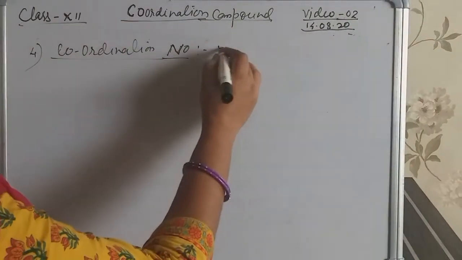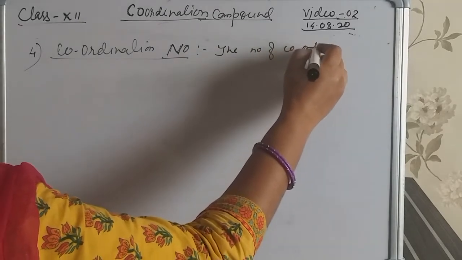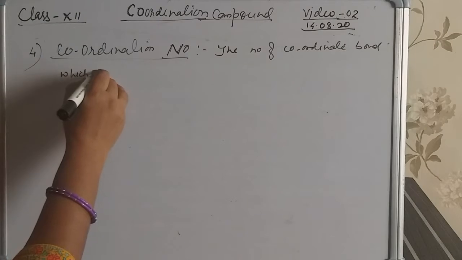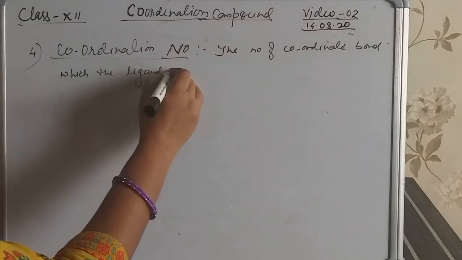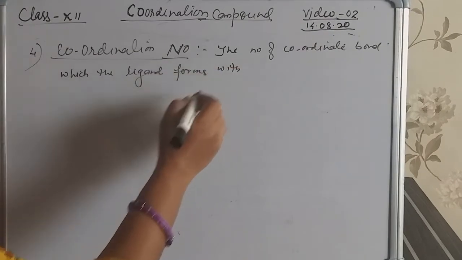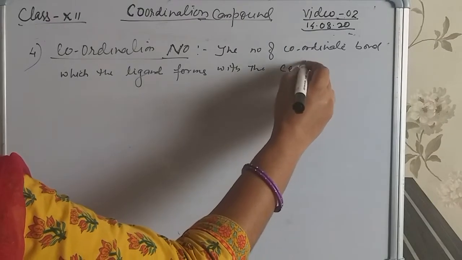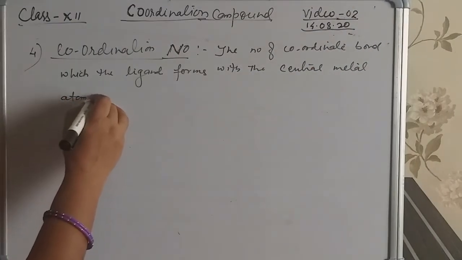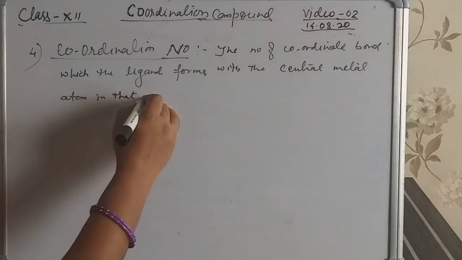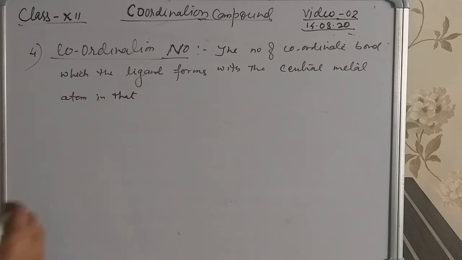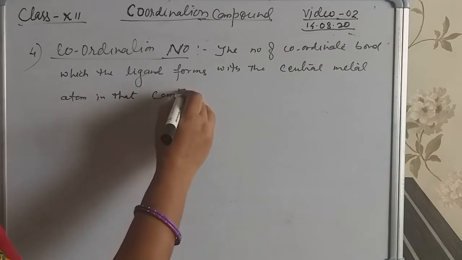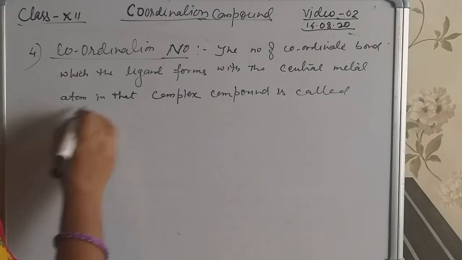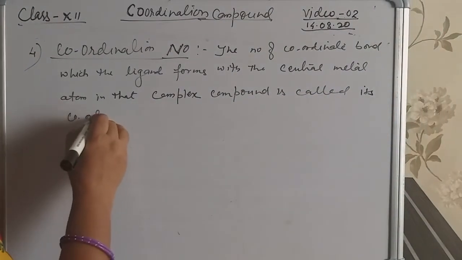The number of coordinate bonds which the ligand forms with the central metal atom in that complex compound is called the coordination number.